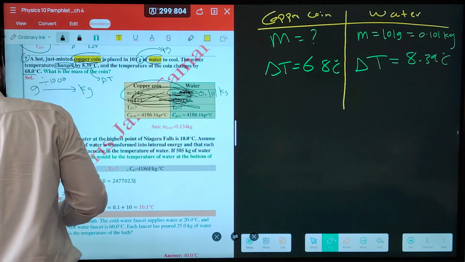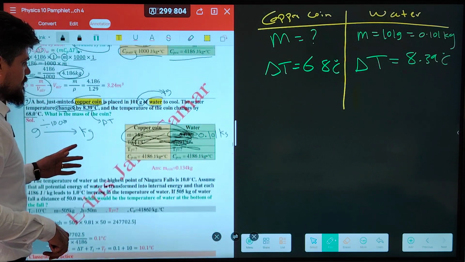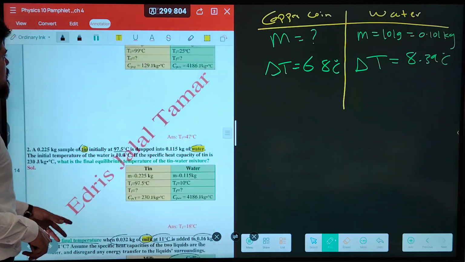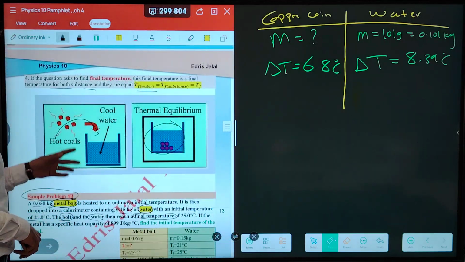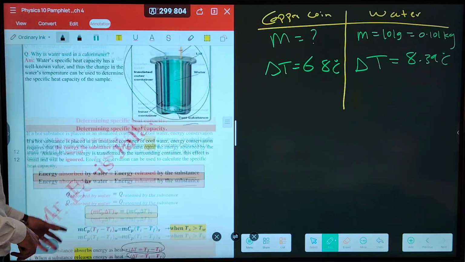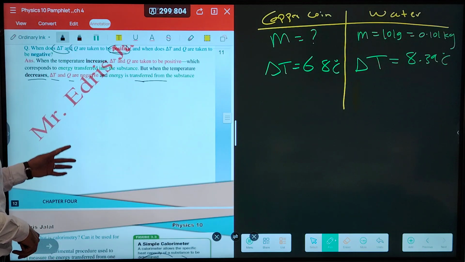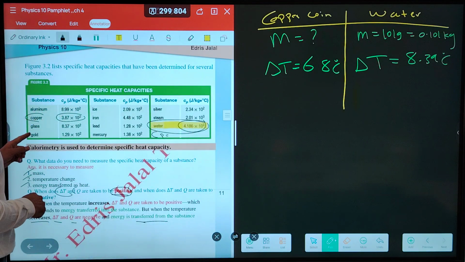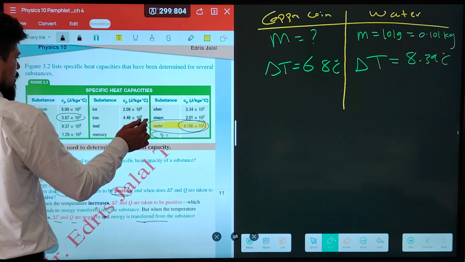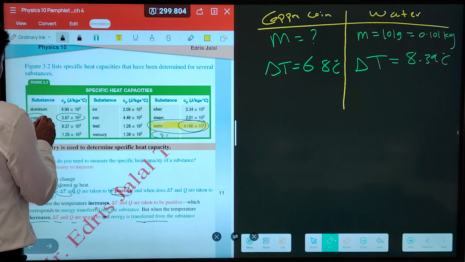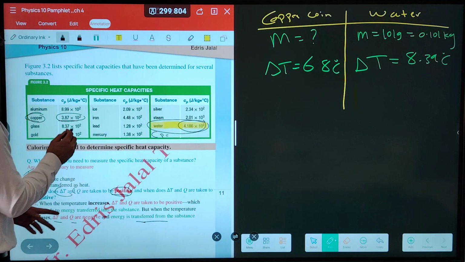And the specific heat capacity of the coin must be given. Look at this table. The specific heat capacity of the coin should be given in the exam. Don't memorize. You have to look for the copper coin. Okay, this is copper, 387.